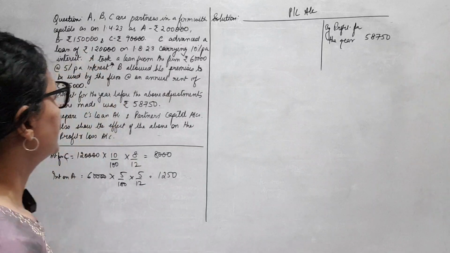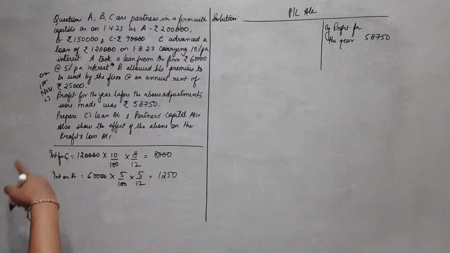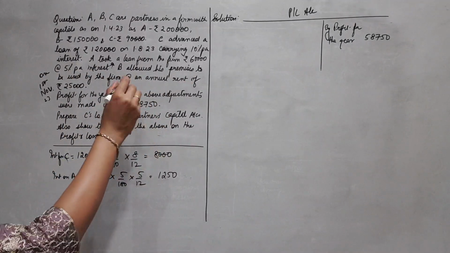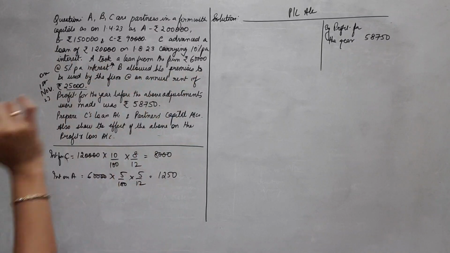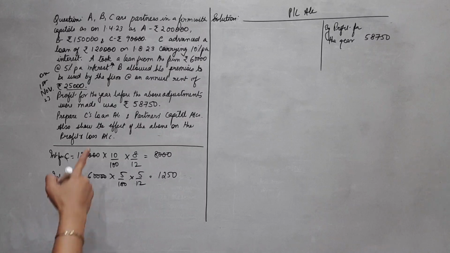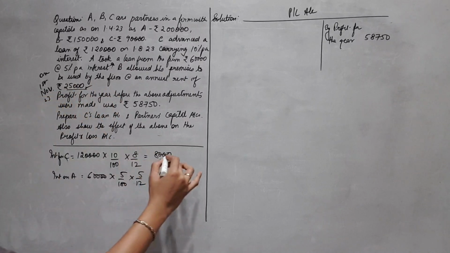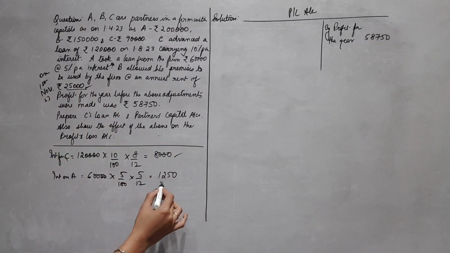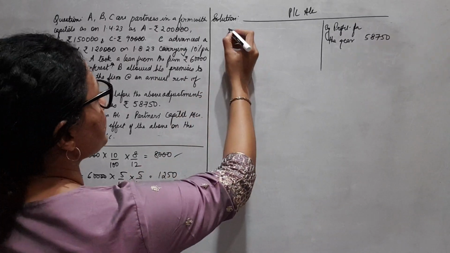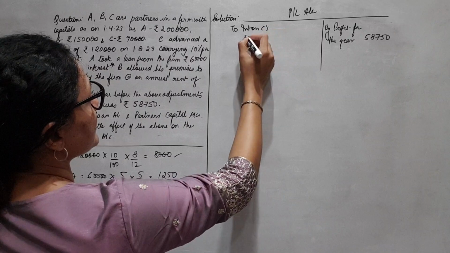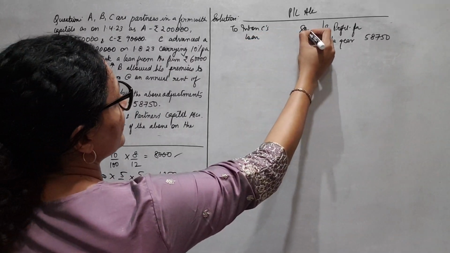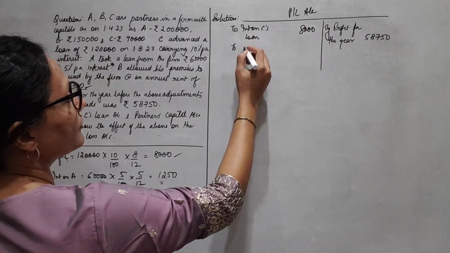Done? And then we put all of this here. This and the rent that B is supposed to get. B is supposed to get an annual rent of 25,000. All this is a charge against profit. This is a charge against profit. And this is my regular income, right? So here I do: To interest on C's loan, 8,000 debited, charge against profit.